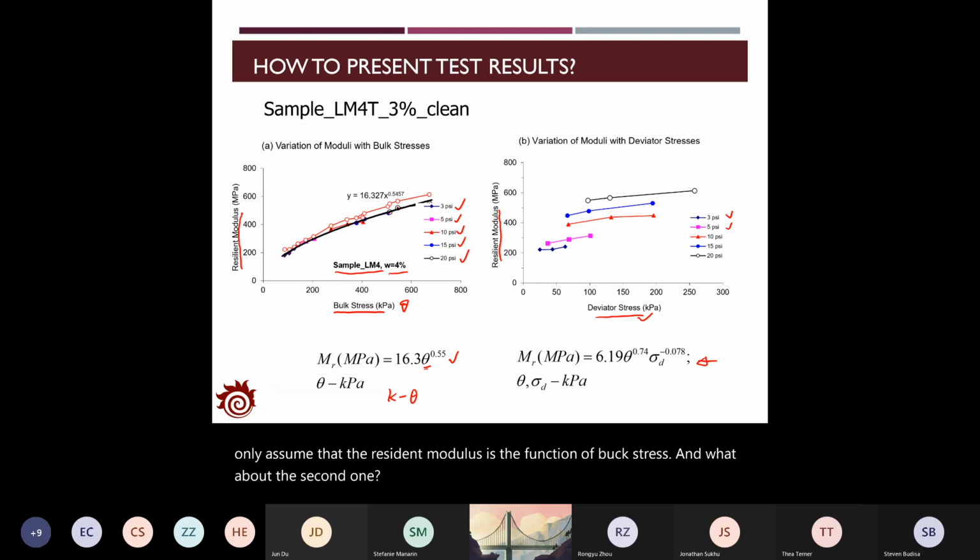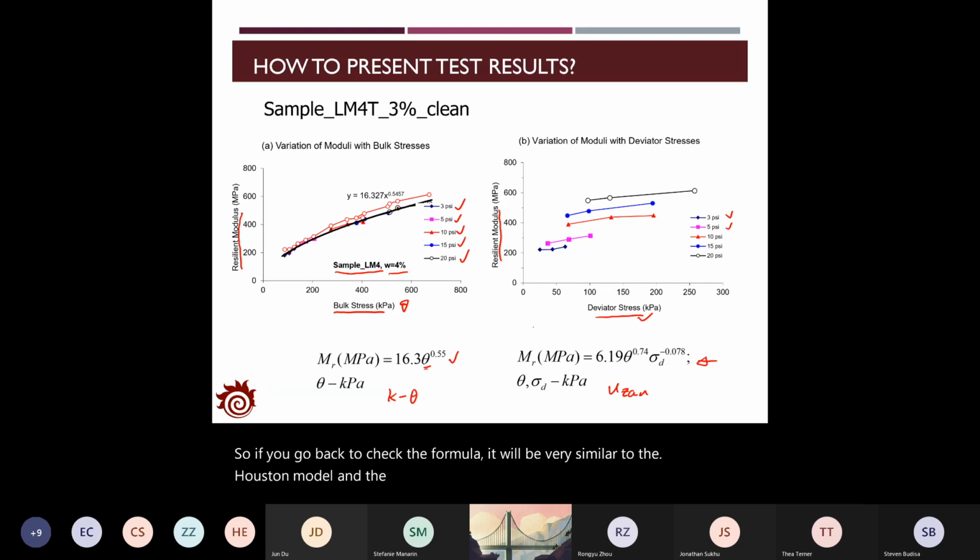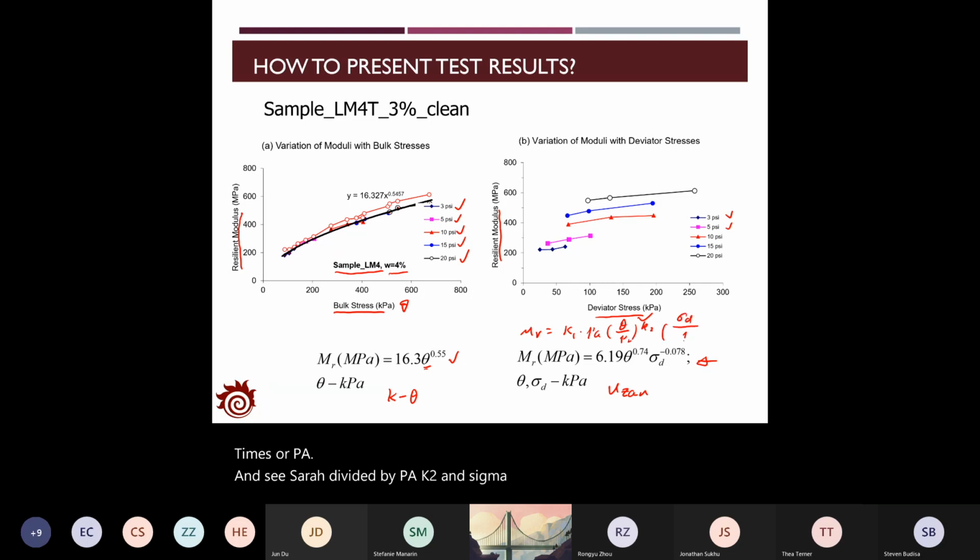If we go back to check the formula, it will be very similar to the Uzan model. In the Uzan model, you assume that MR equals K1 times PA times theta divided by PA to the power of K2, and sigma D divided by PA to the power of K3.